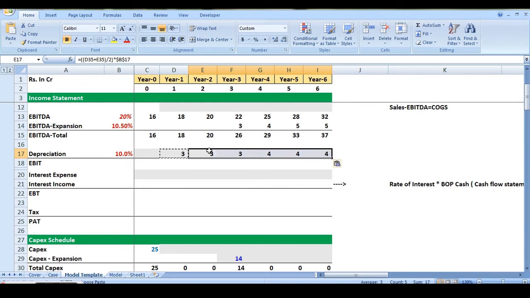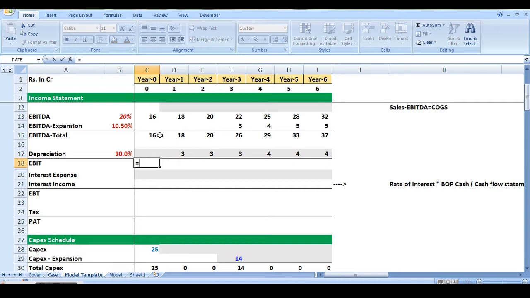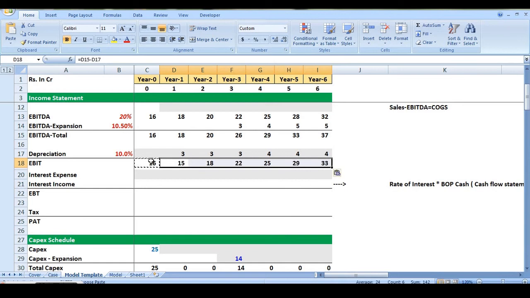From these depreciation values, I can calculate my EBIT very easily as EBITDA minus depreciation will be my EBIT. And I drag this formula for the rest of the years and it gives me EBIT for all the years.